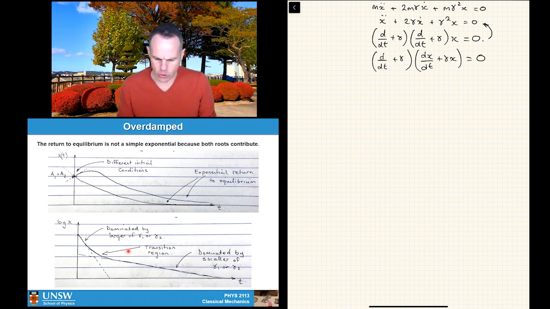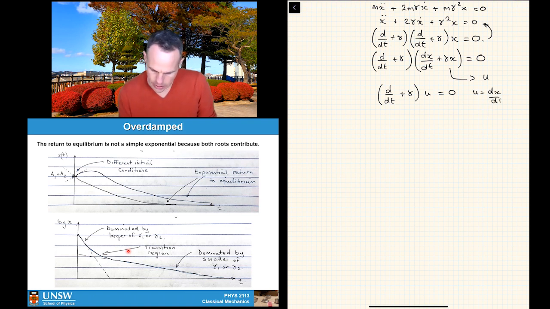And what we can do here is call this a new variable u. And what we then have is d on dt plus gamma u is equal to 0, where u is just dx on dt plus gamma x. And then this thing down here we can now expand out. So this is du on dt is equal to minus gamma u, okay?